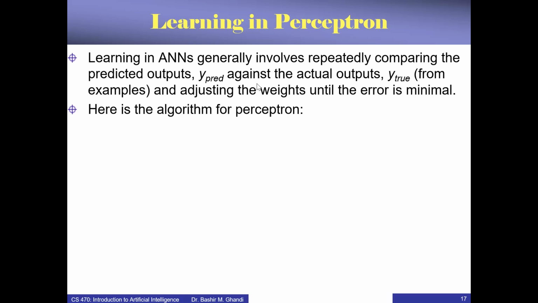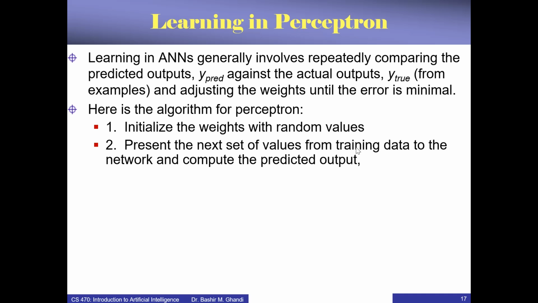Here is the full algorithm for learning using the perceptron artificial neural network. First, we initialize the weights and the bias with random values. Okay, so initially the weights are just random. Then present the next set of input values from the training data to the network and compute the predicted output.